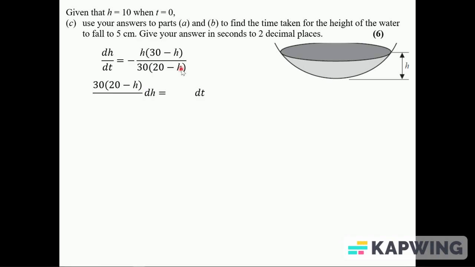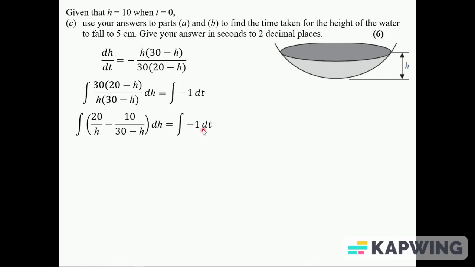The left hand side, I'm going to multiply by the bottom of this fraction, so stick that up there and put this term down here. On the right hand side, I'll just have minus 1 because I've got rid of all that fraction. And then integrate both sides. I use the partial fractions that I found just before in part B, and they were those.